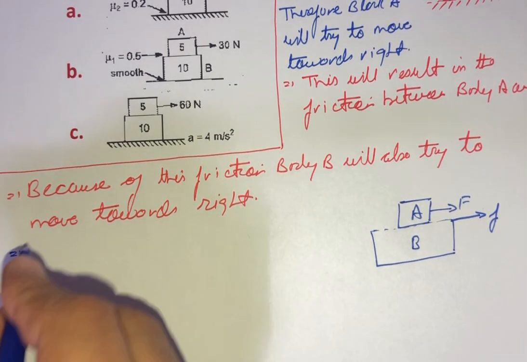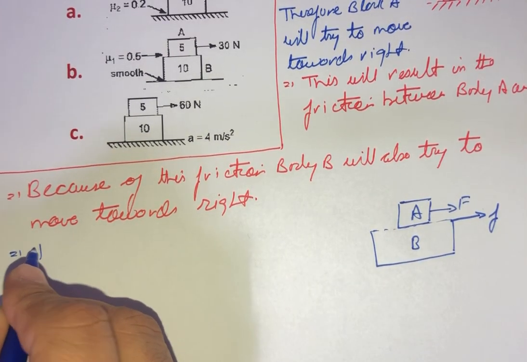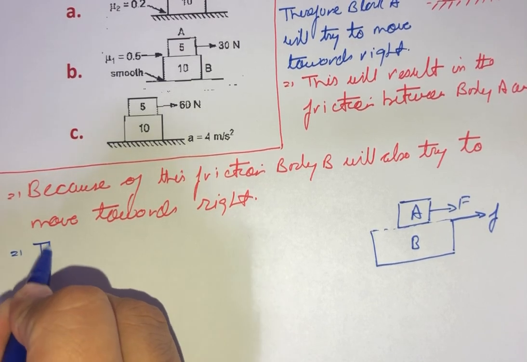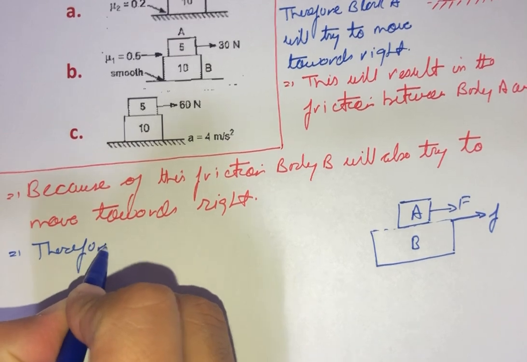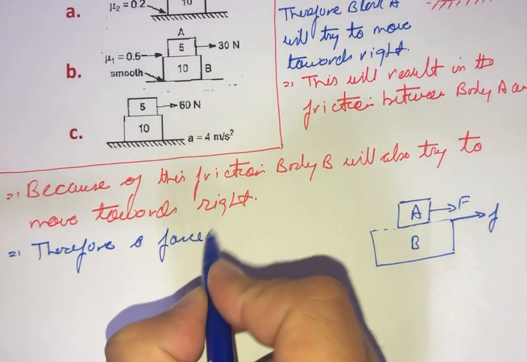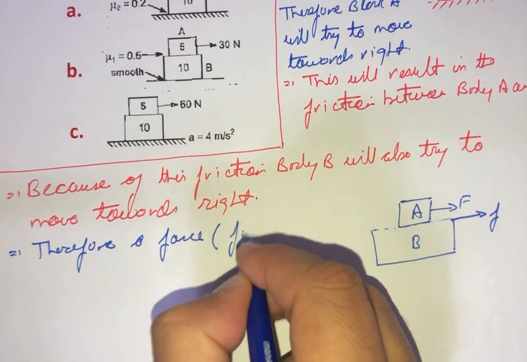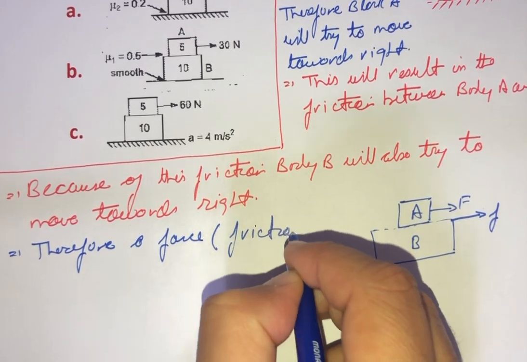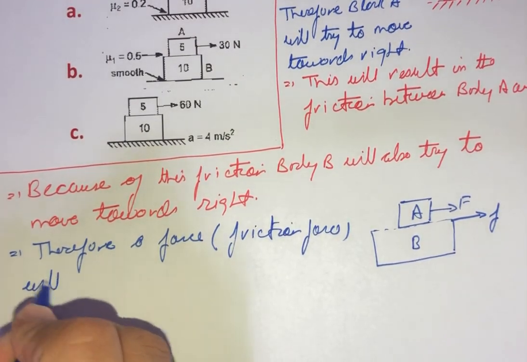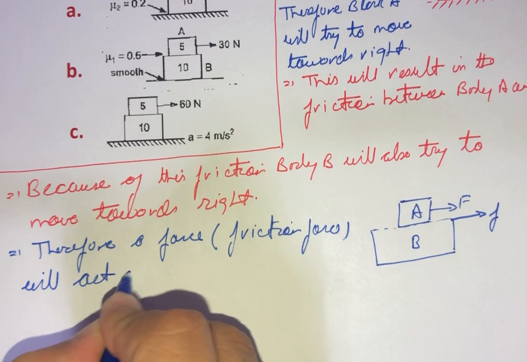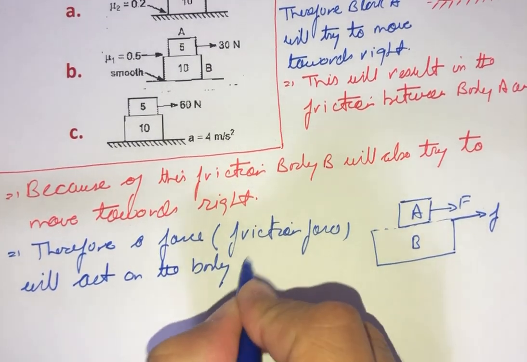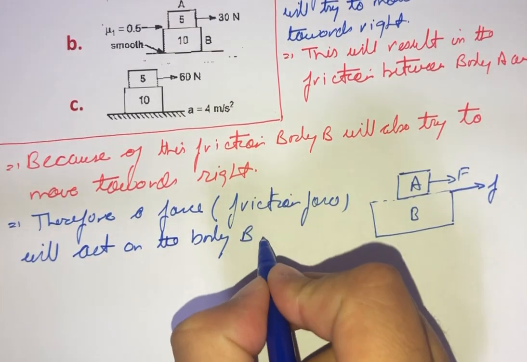Therefore the frictional force will act on the body B towards right.